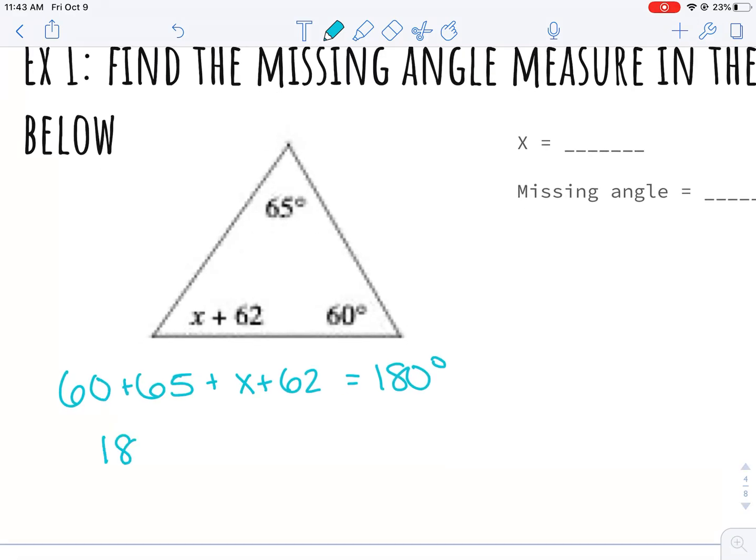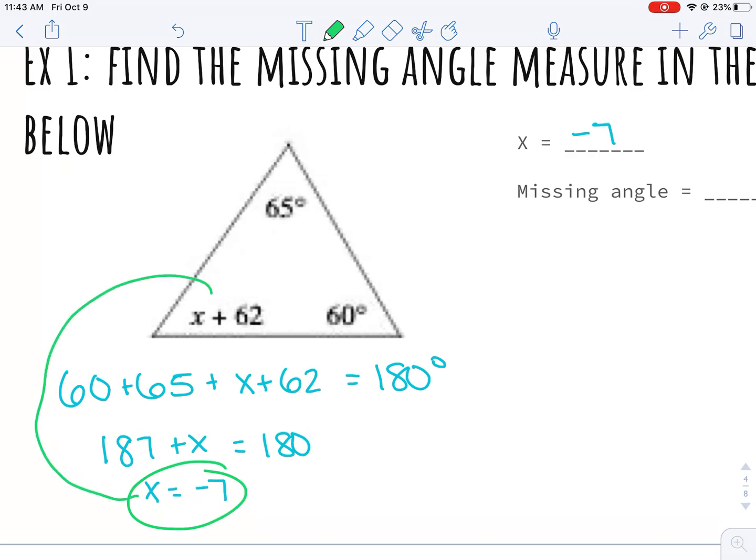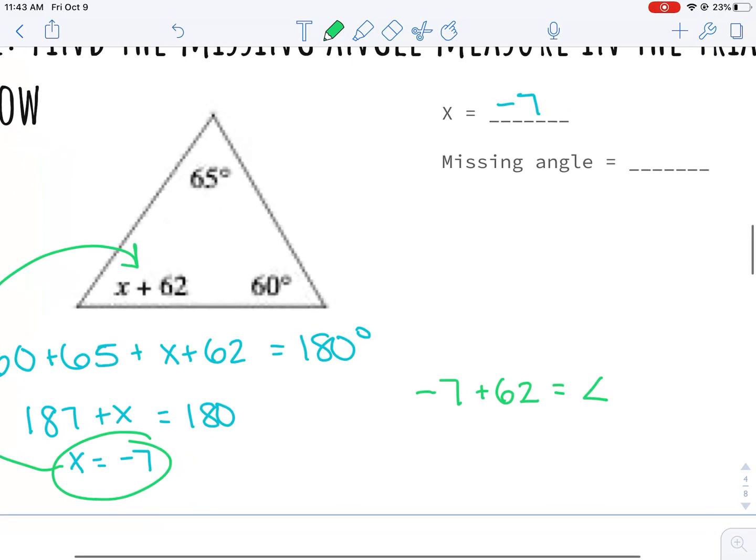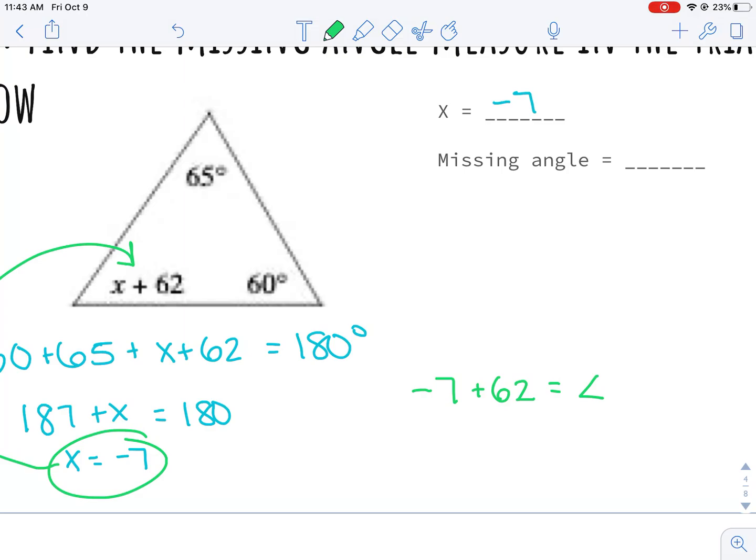So I'm at 187 degrees plus x must equal 180, so x must equal -7. I'm going to take that -7 and plug it in to solve for my missing angle. So I'm doing -7 plus 62 equals my angle, and I get 55 degrees.